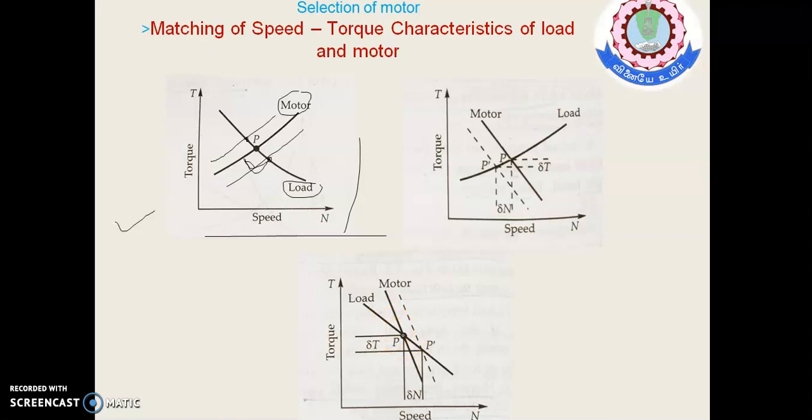But whenever there is a deviation in the motor characteristics because of supply voltage or frequency or some other error, now imagine a small delta T change, and there will be a delta n change in speed. So there will be a change in characteristics which will affect the load characteristics, right? So that is another thing.